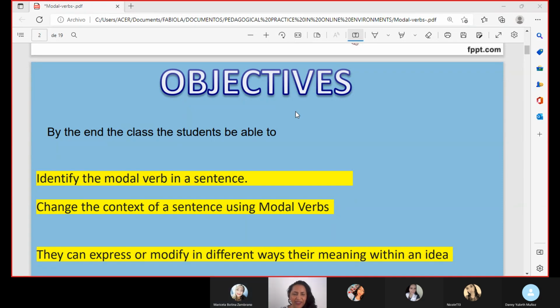Okay, Marisela, in this case you say, by the end of the class, the students will be able to. Repeat please. Able to, be able to.